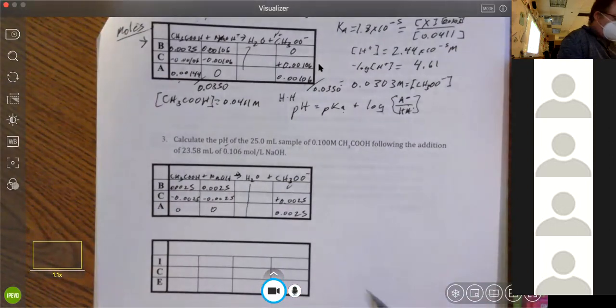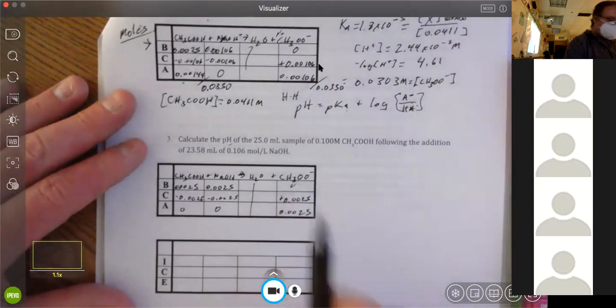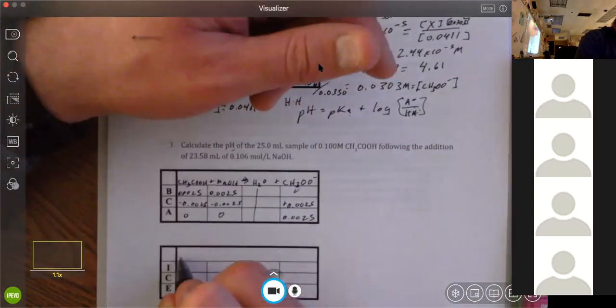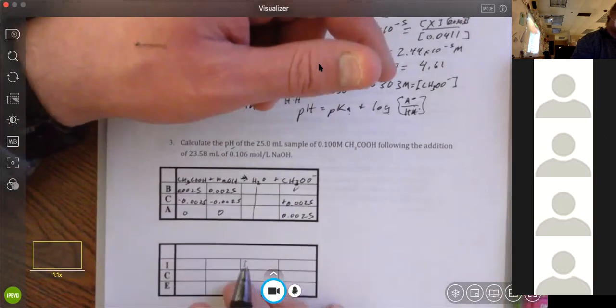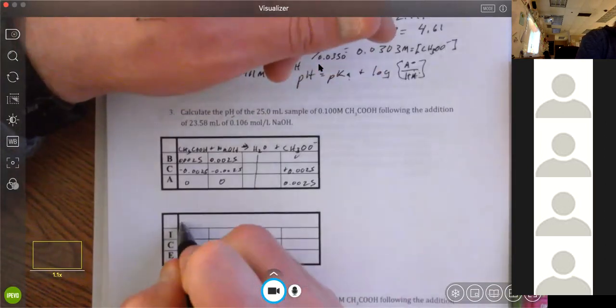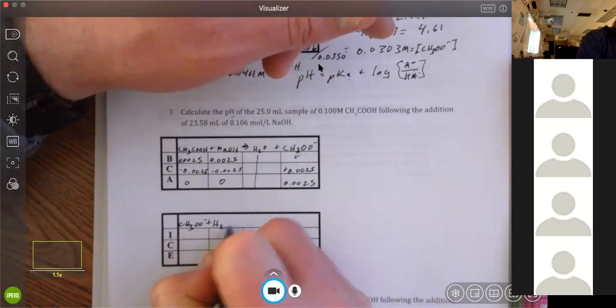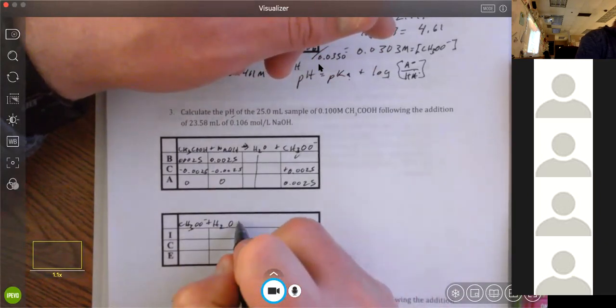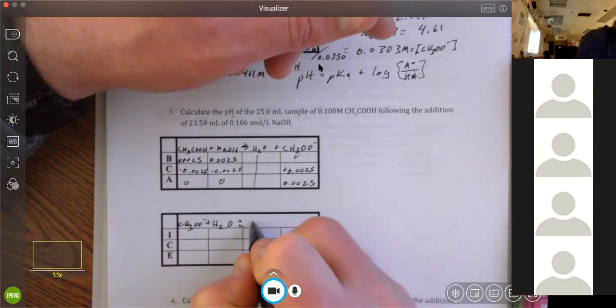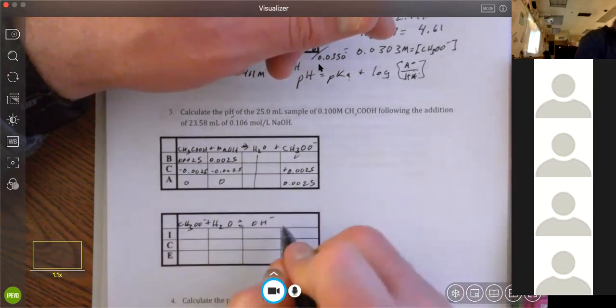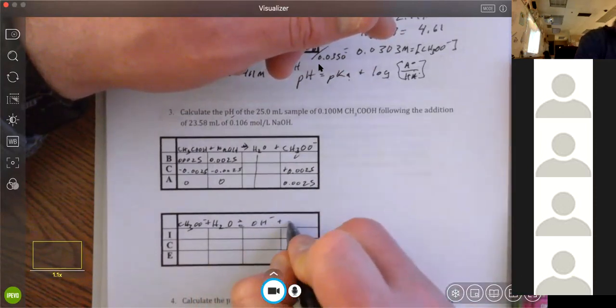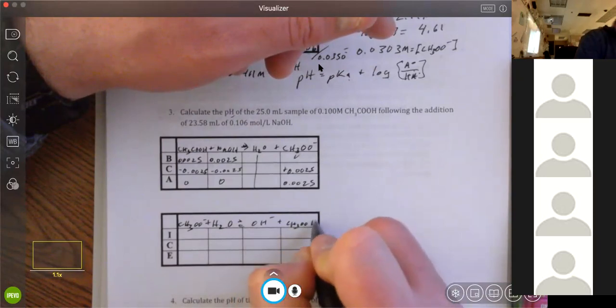Water, right? So that means that we need to have an equilibrium table. CH3OO negative plus that water that's there is going to end up making OH negative and CH3OOH.